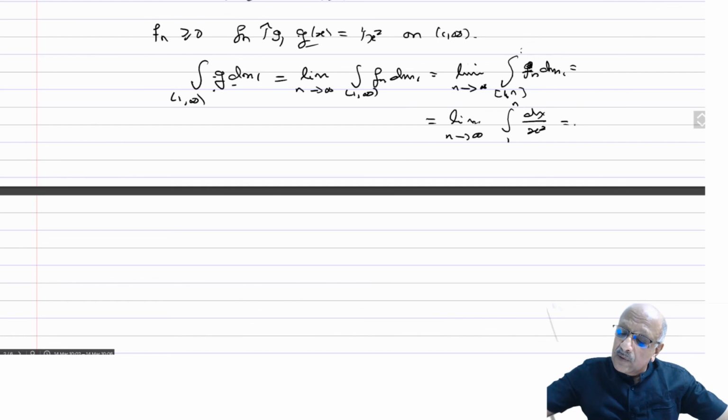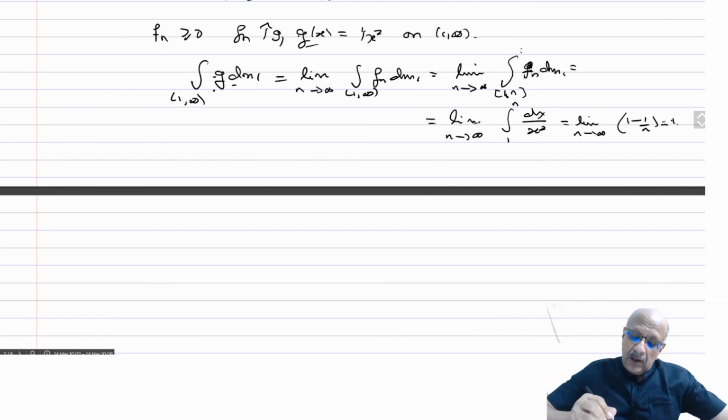That's equal to the limit as n tends to infinity of minus 1 by x evaluated from 1 to n, so 1 minus 1 by n, which is equal to 1, which is finite. So g is integrable on 1, infinity.